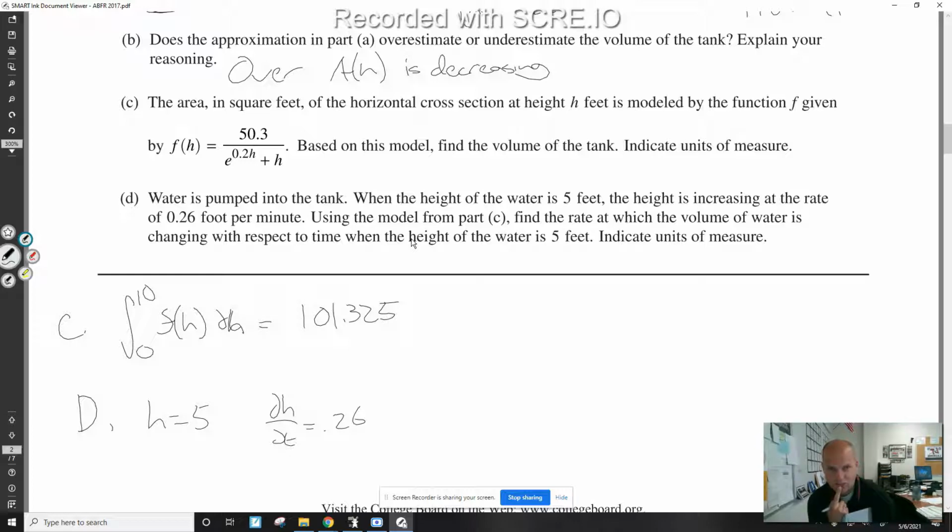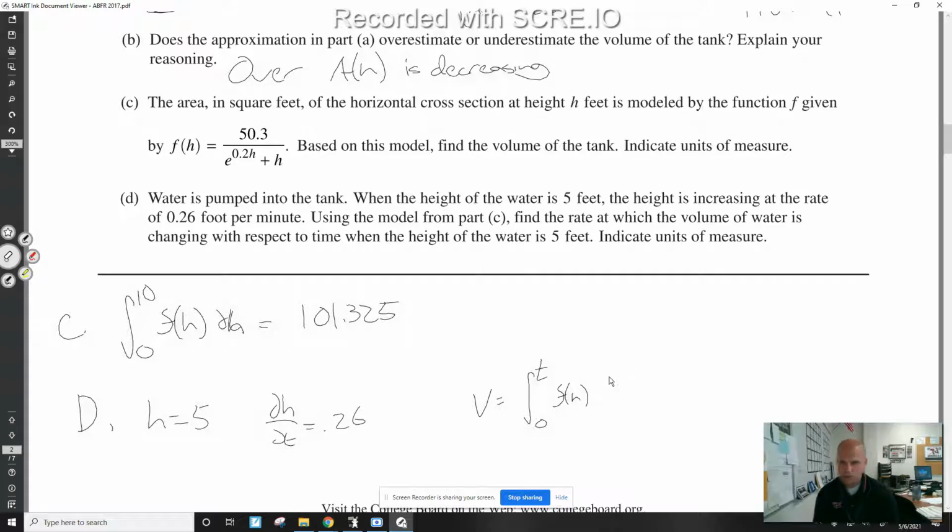Find the rate of change of the volume of the water, not the rate of change of the area. Okay, well, the volume of the water. This is tricky. The volume of the water is this infinite sum from 0 to some time of f of h dh, right?